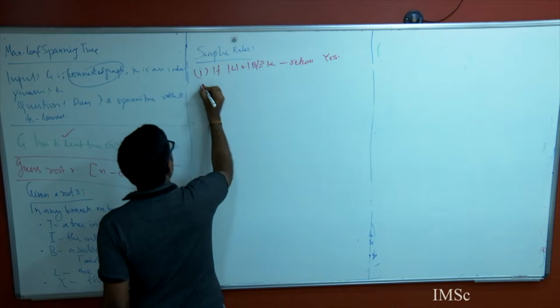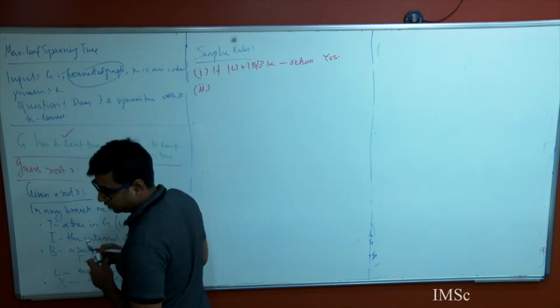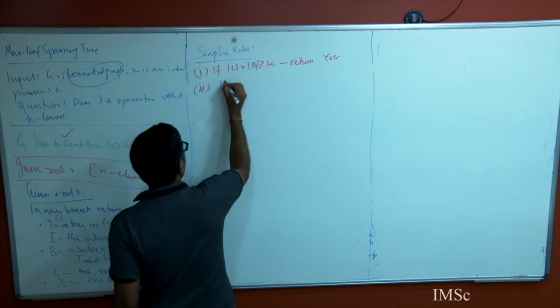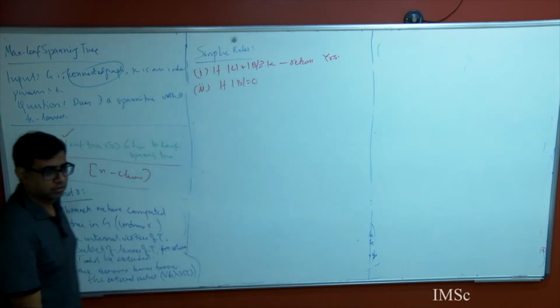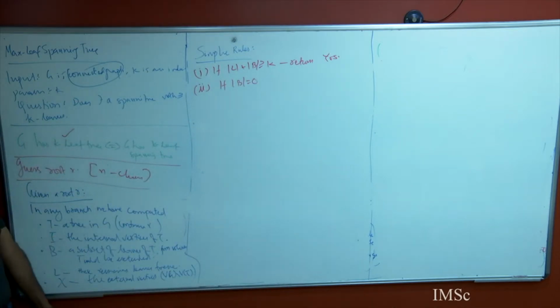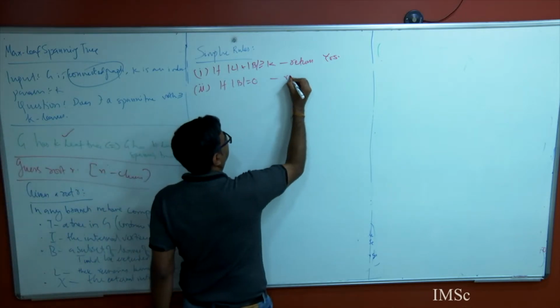What is my second point? If B equals 0, then I cannot extend anymore, and so return no.